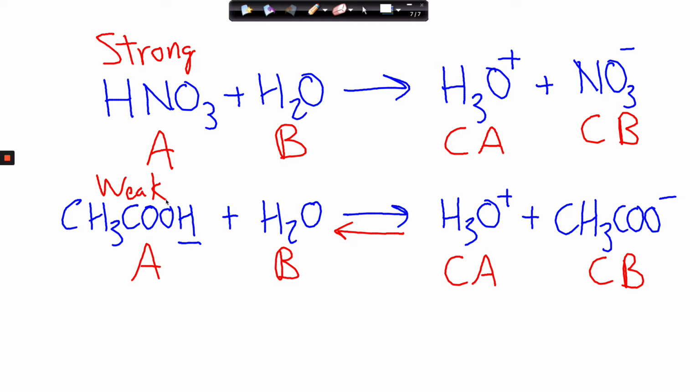Here's the question you've got to understand the answer to. Why is HNO3 a strong acid, and why is vinegar a weak acid? I ask the question somewhat rhetorically. I fear that if I allow you to guess at this, it could get so sloppy you're going to miss the answer. So I'm just going to tell you. Why is nitric acid a strong acid and why is vinegar a weak acid?